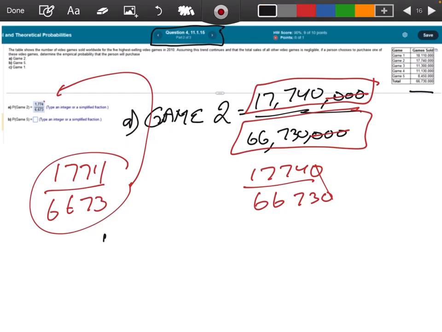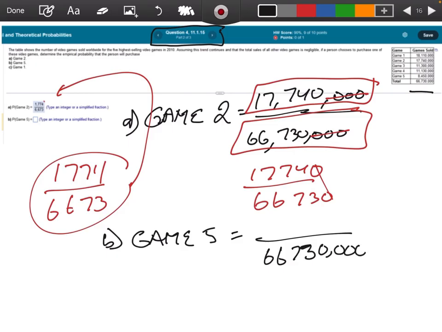Guys, I'm going to repeat the same process. Part B says let's do it for game 5. Okay. So again, I already know my denominator is 66,730,000. Game 5 appears to be 8,450,000. Okay. So look, y'all, I can even do that, and I can even do that just to make my numbers a little bit smaller.